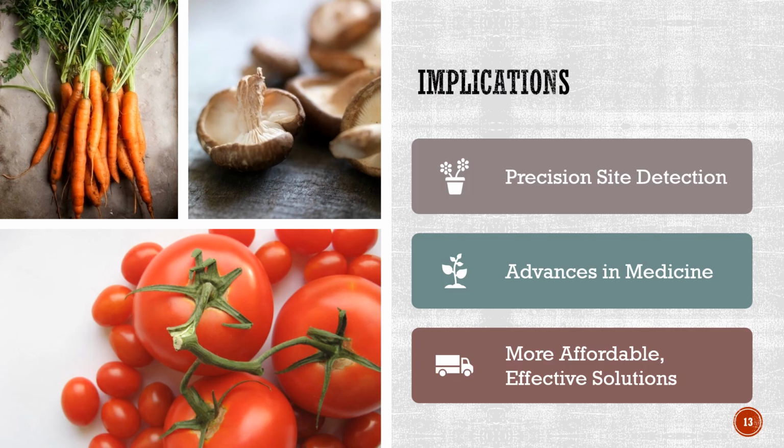So the implications: the results of the testing were improved to about 80% or more, which was about an 8% increase from previous models, but most importantly, it was just much more efficient, much less costly, and less time consuming.